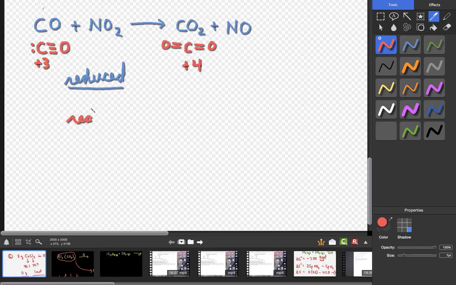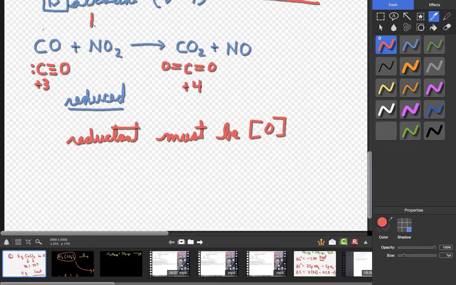The reductant, which is also the same thing as calling it the reducing agent, must be oxidized. So I know that CO is the reductant. So that eliminates answer choice A and answer choice C. What is reduced? Nitrogen has an oxidation state of +4.